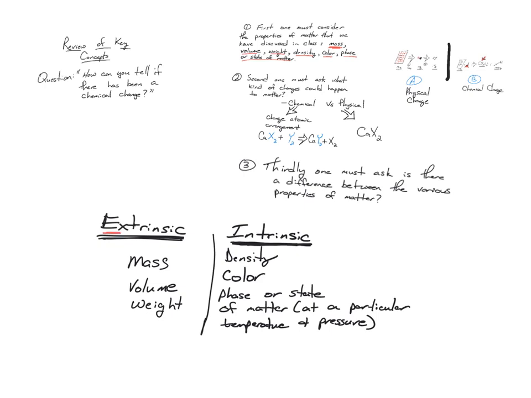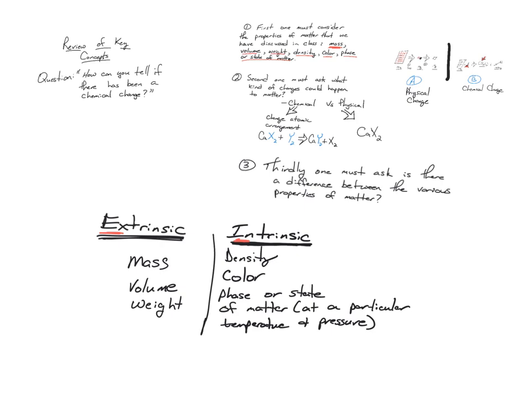Ex, like exit. In, like within. So extrinsic is something like mass. If you start with 5 grams and you add a couple more bricks of whatever it is that you're talking about. I think the example we used in class was gold.